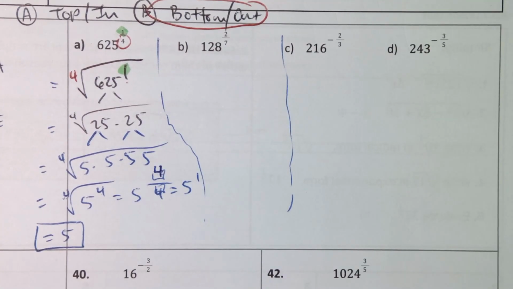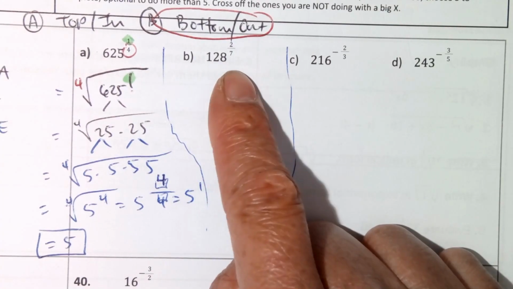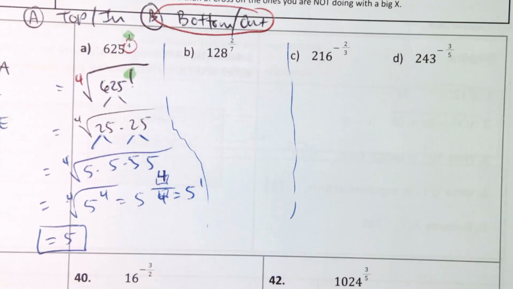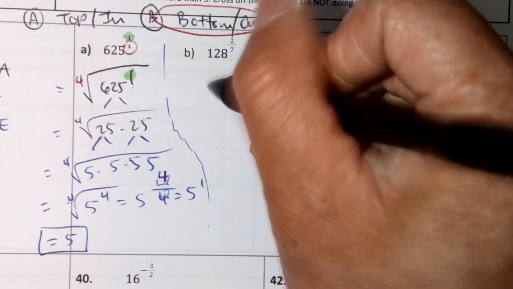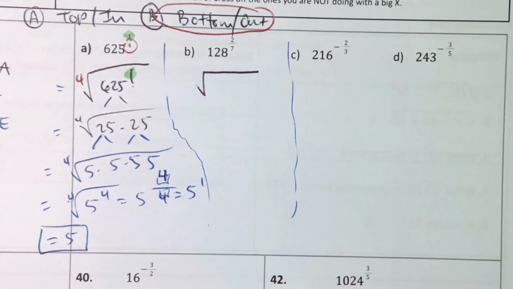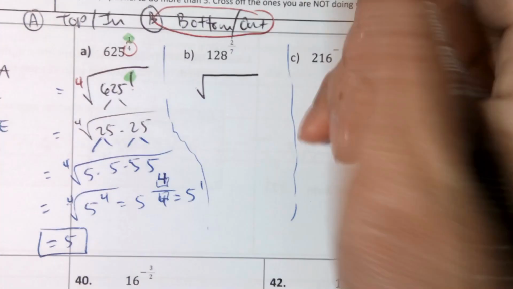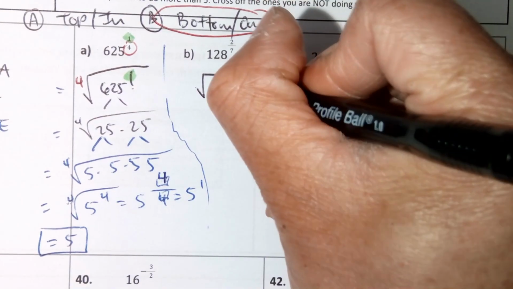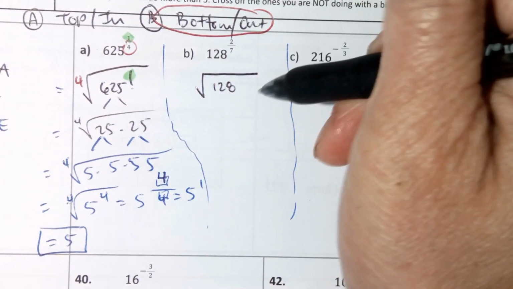Alright, let's try example B here. You have a base of 128, rational exponents. We're going to have now a radical form, which we learned earlier. So the base becomes the radicand number inside.